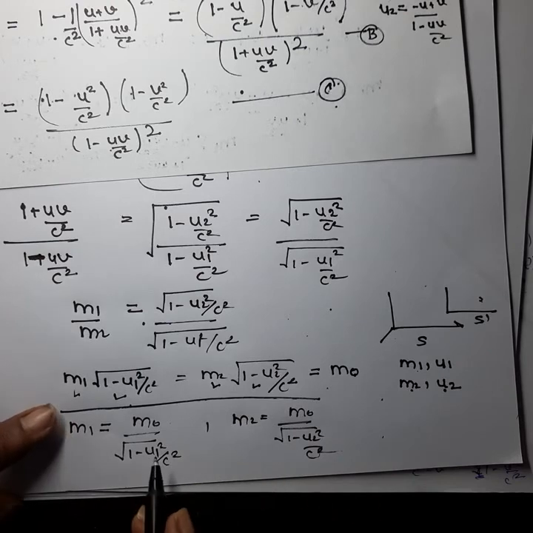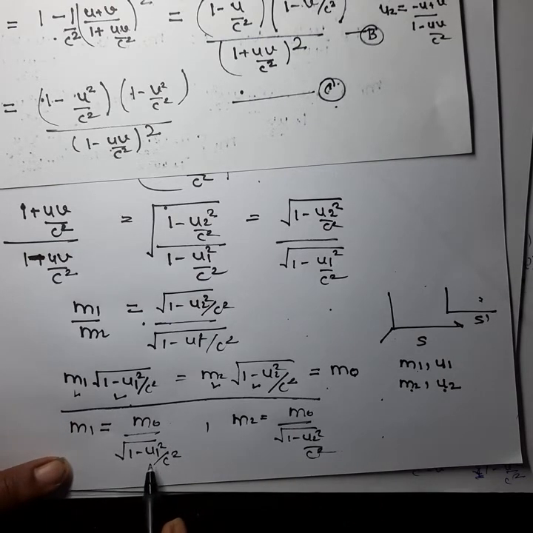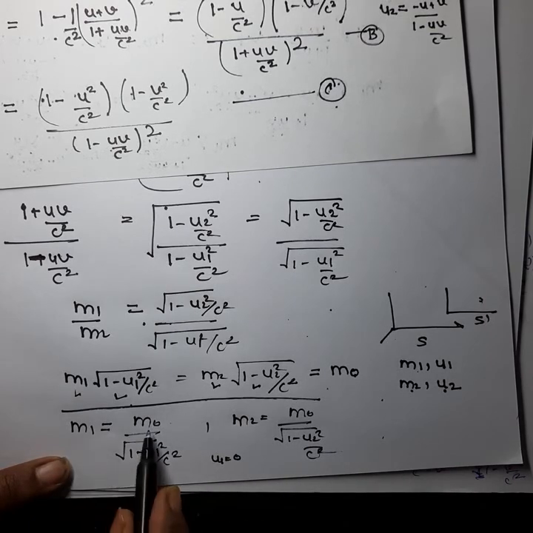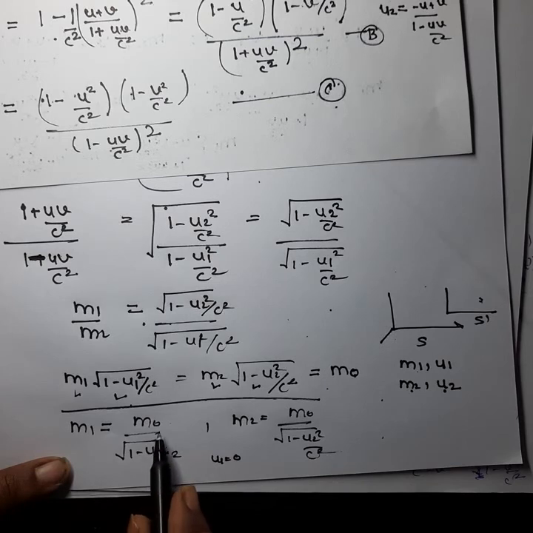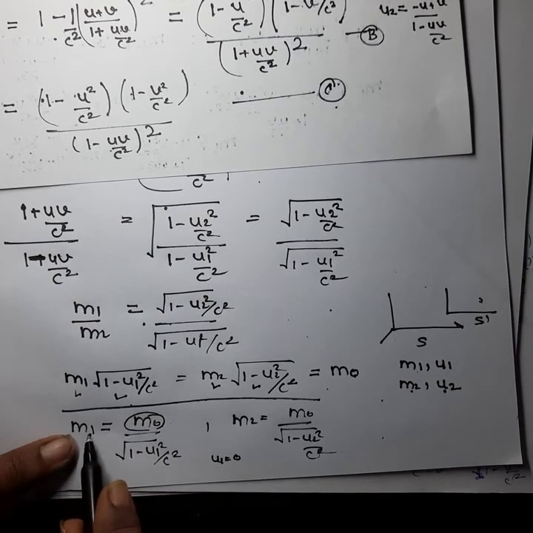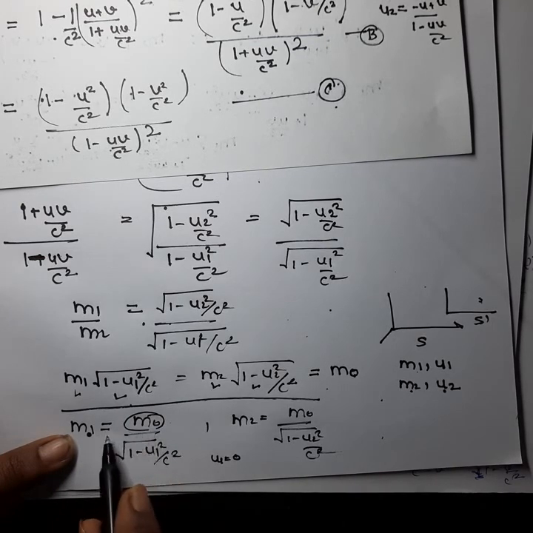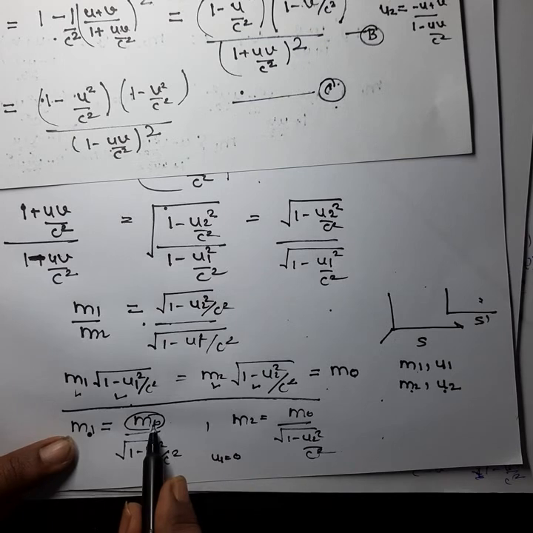What you see here is that if u1 is equal to 0, in the condition when u1 was 0, m1 will be equal to m0. So this m0 is the rest mass. When the velocity of m1 was 0, it is equal to m0, so you can say m0 is its rest mass.